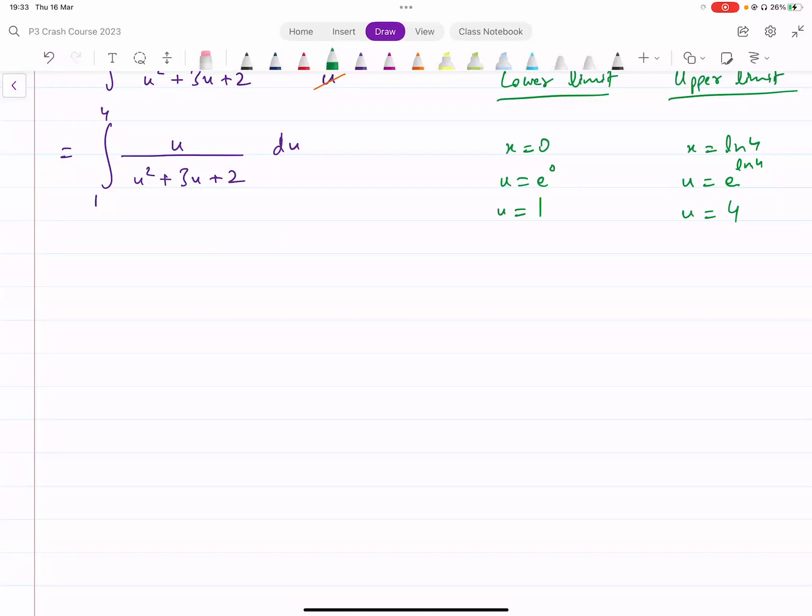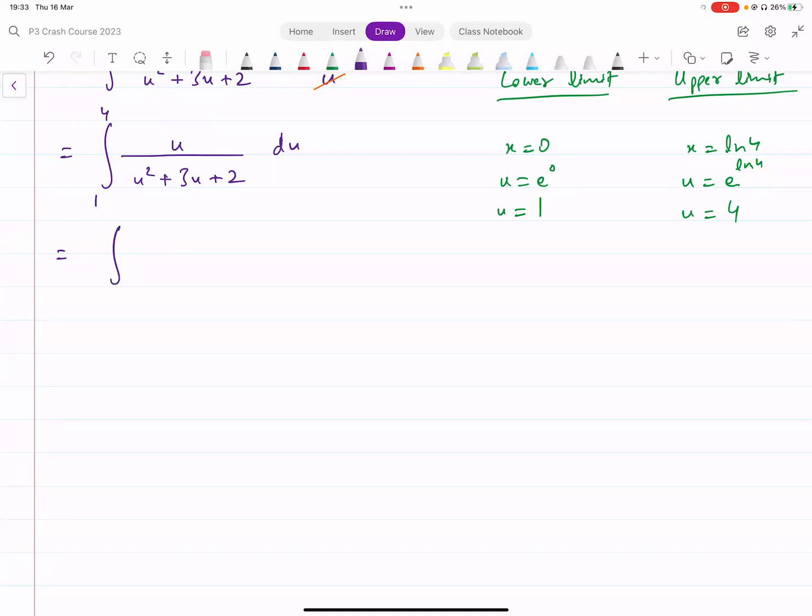Okay, that's one thing. Log rule doesn't work. For tan inverse, you need a constant in the numerator. You don't have a constant here as well. You have this u term, so it's not that form as well. Partial fractions, well, we could think of that. If we can factorize this somehow, then we could use partial fractions. Can we factorize this? If you think about it, we can actually break the middle term.